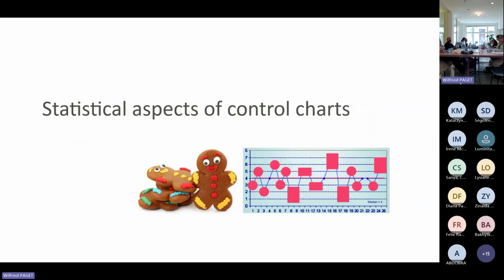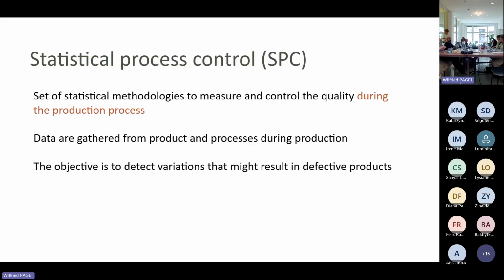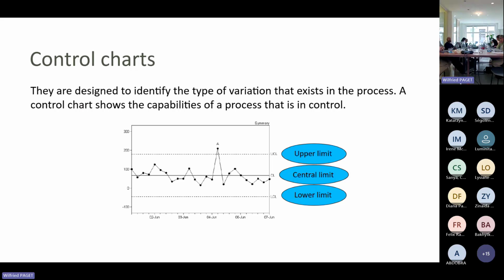Now I will show you some control charts that are widely used in the food industries. We need to collect data during the process, and after data is gathered, then we can detect variations. Then we can intervene in order to control these variations. The control charts are in fact dot plots or dot charts where you plot, for example, the mean.